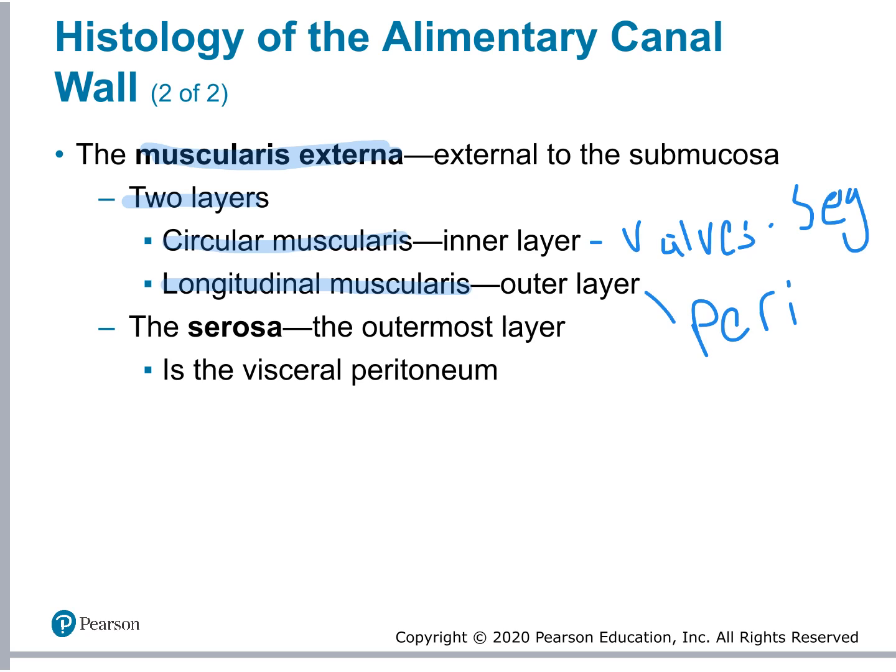All right, and then the last layer is called the serosa. And the serosa, that's the outermost layer, is a visceral peritoneum. Now, some parts of the alimentary canal do not have a serosa. If they don't have a serosa, then it is an anchoring tissue called an adventitia.